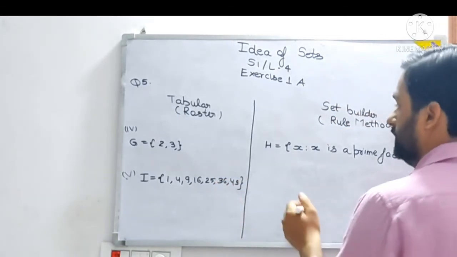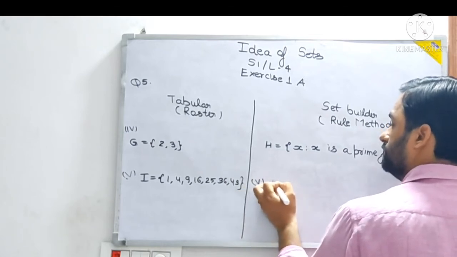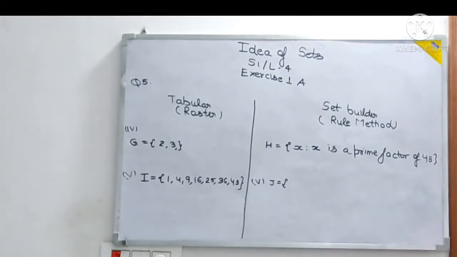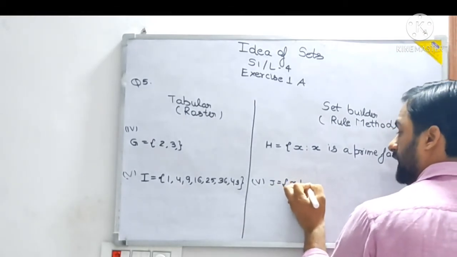We'll stop here only. Then for the fifth part, how do we write the set builder form? There should be x such that x. I am using this symbol now. X such that x equals n square and n is less than or equal to 7. N is an element of natural numbers.